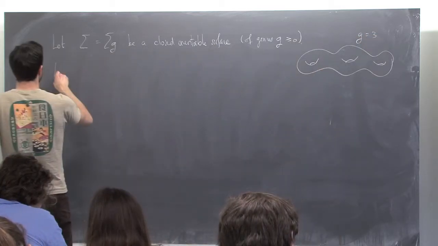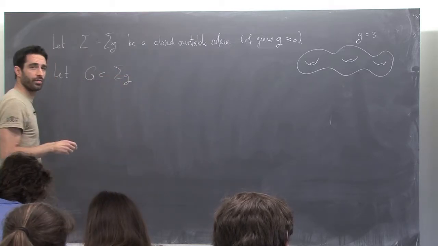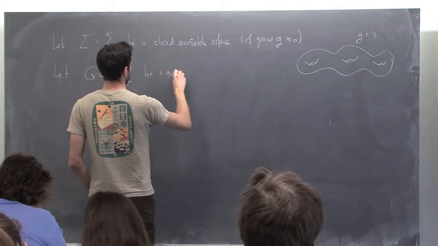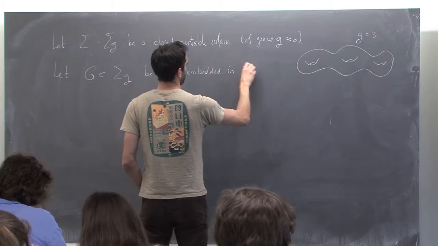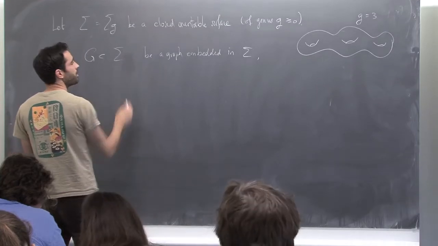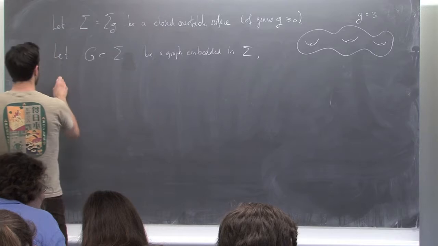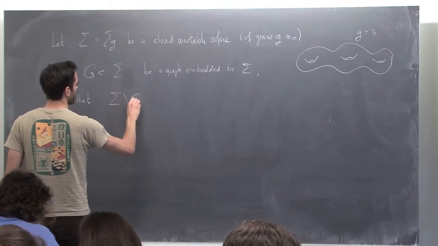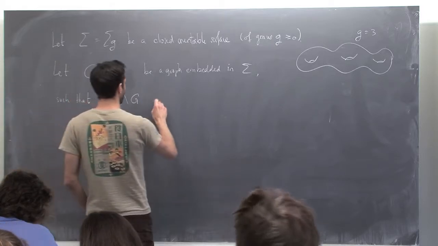And let G be a graph embedded in sigma, and we're going to assume one thing, such that the complement of G consists of topological disks.